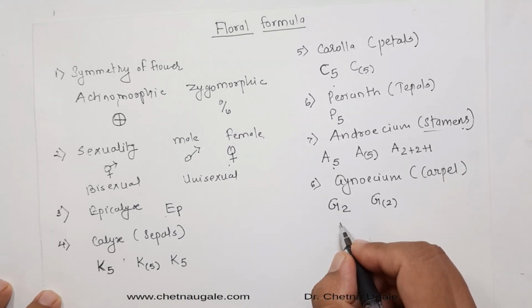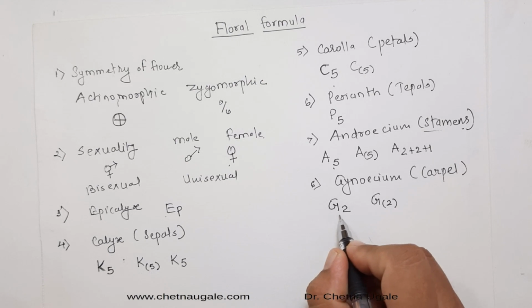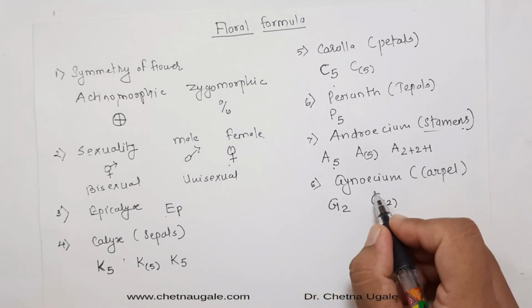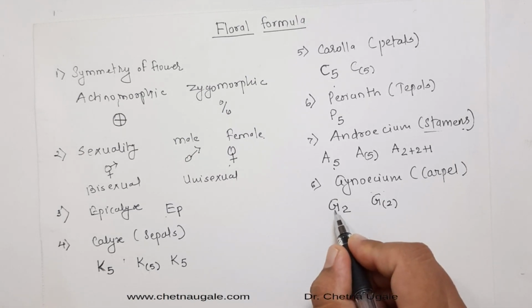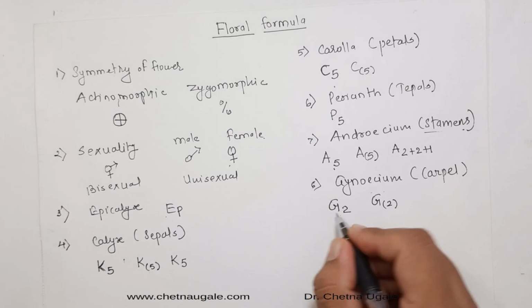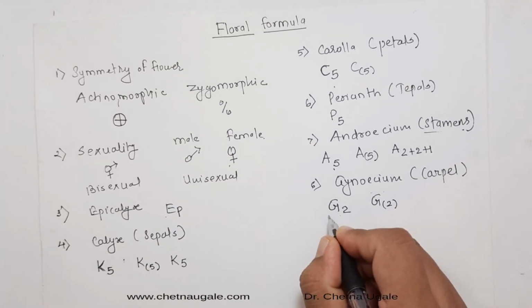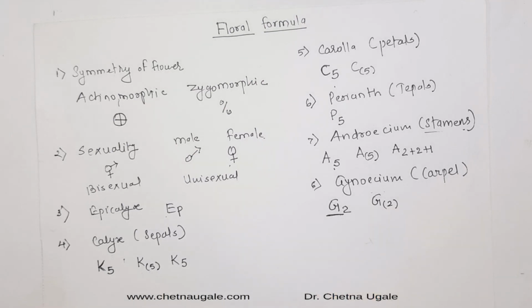Then the next is the position of the ovary. The position of the ovary is denoted by a line either under the G or at the top of the G. If the flower is hypogynous, then the ovary is superior and it is represented by the line under the G. It is underlined.